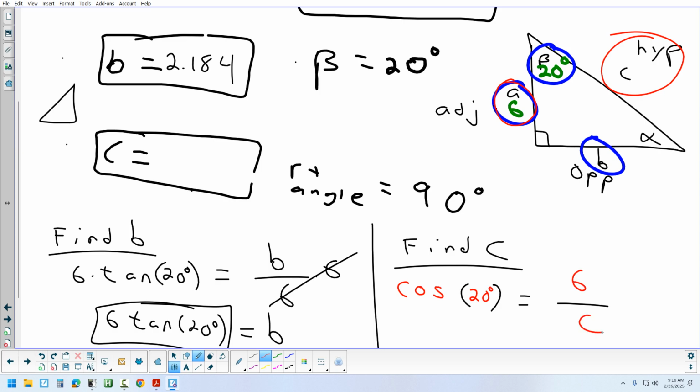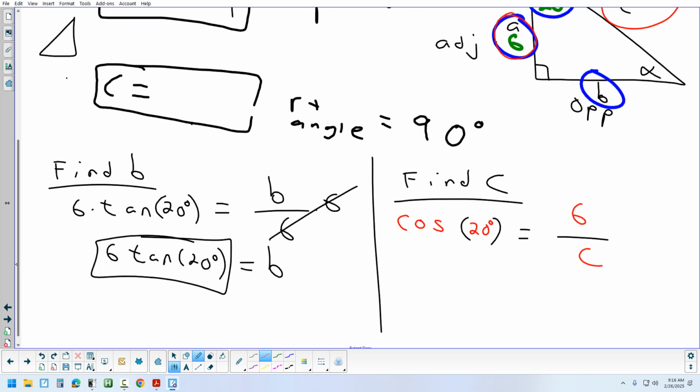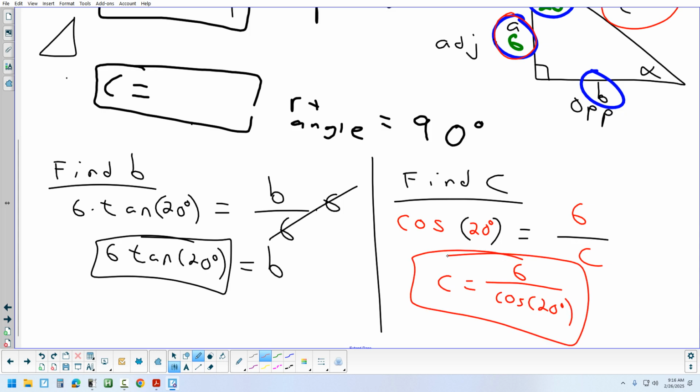It's the same type of fraction we had when we found B. Just multiply by, no, I'm sorry, no, it's different. The 6 is in the top. So this is the one where, how do we get C by itself? Yeah, we swap it. C and cosine 20 switch places. Again, why that works, we just did that in the last problem. So I'm just going to use that from now on because it's faster.